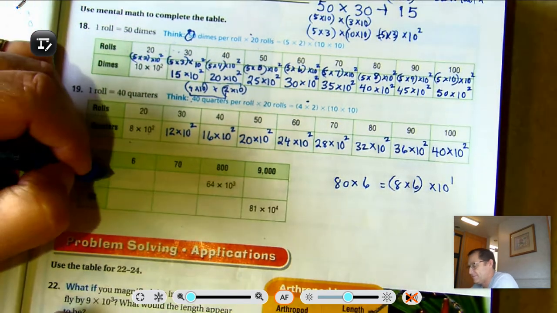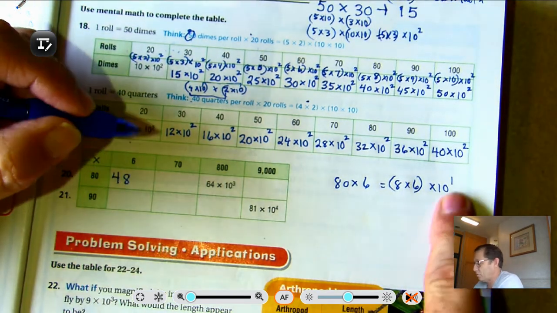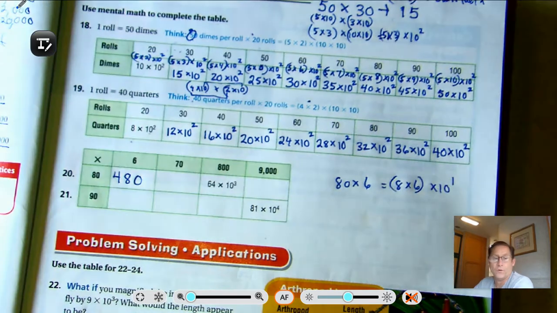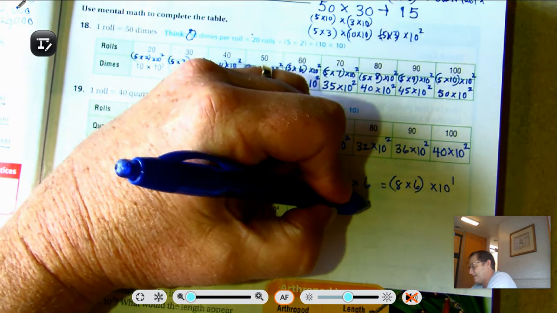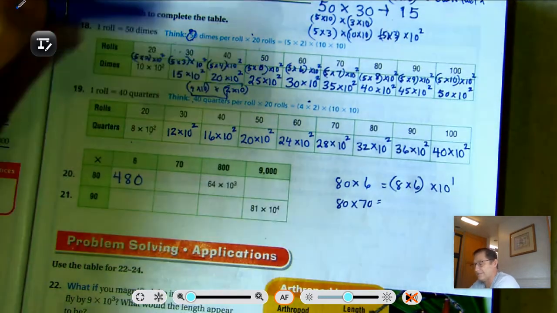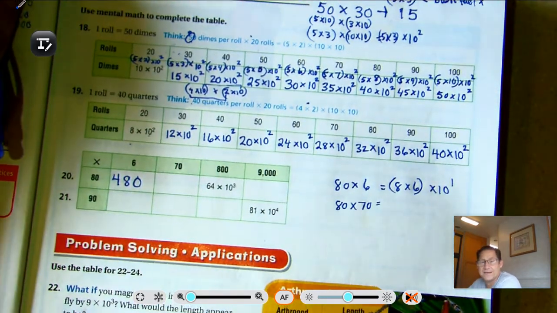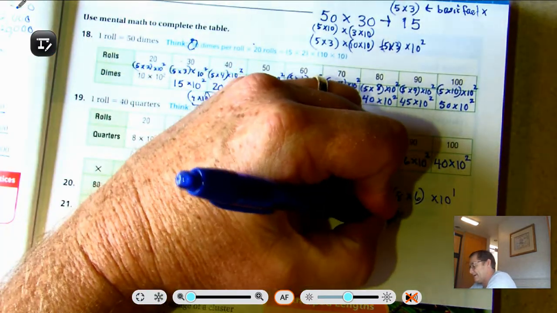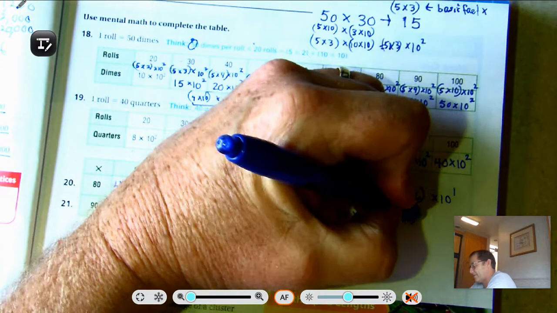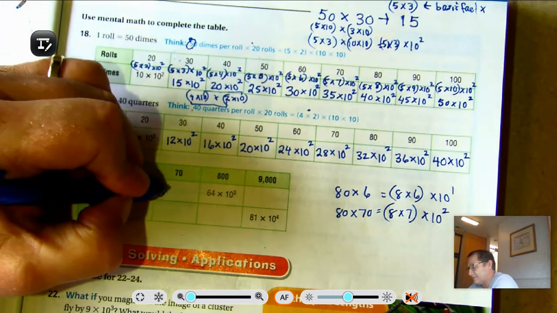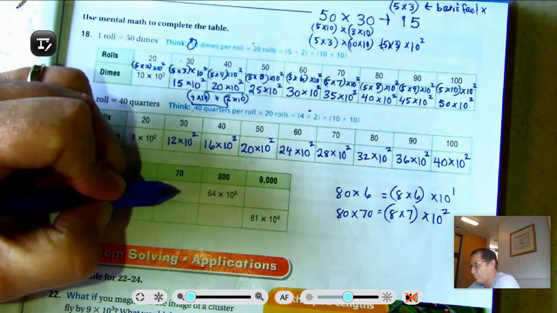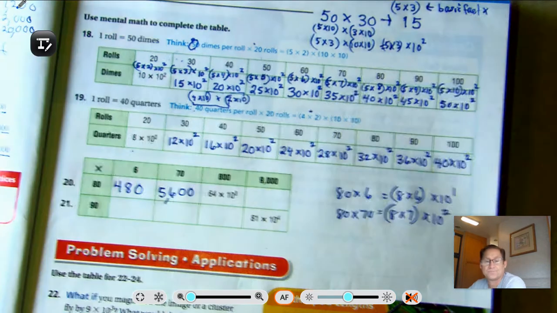So 8 times 6 is 48, followed by 1 zero. So 480. 80 times 70. Okay, this is exactly like the rolls of quarters and dimes. So we can take 8 times 7 as the basic math fact times 10 squared, or 10 to the second power of 10. So 8 times 7 is 56, and it would be followed by 2 zeros.